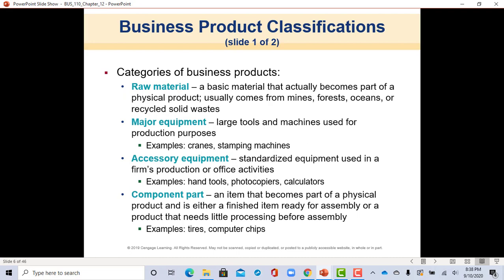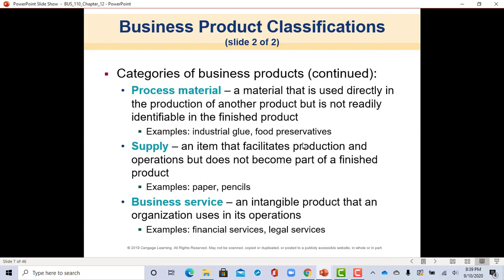Based on their characteristics and intended uses, business products can be classified into seven categories: raw materials, major equipment, accessory equipment, component part, process material, supply, and business service.